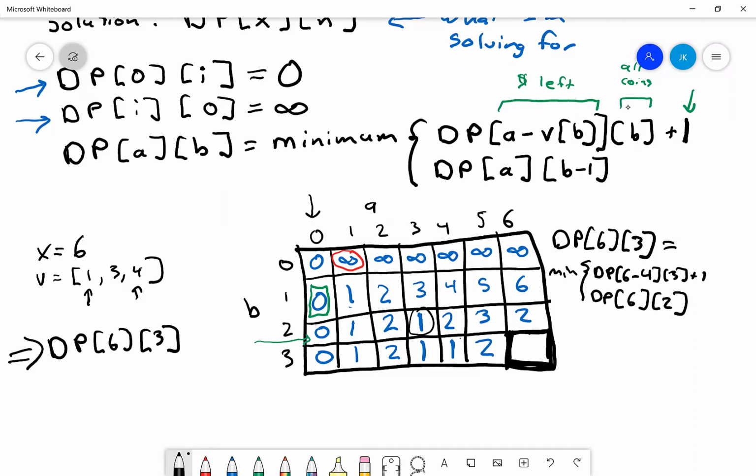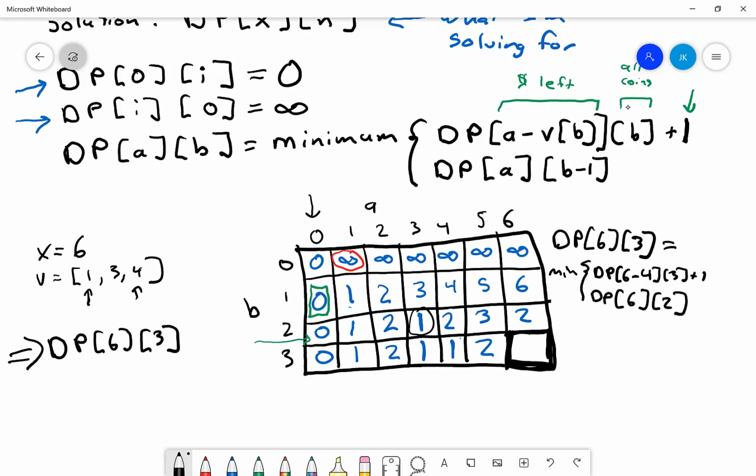Now, what do these two things mean? The first one up here means that we're going to take a coin of value 4. So that's going to be what that plus 1 is for, is we took the value 4, and that's going to leave us with $2 and all the coins available from the first through the third denomination.